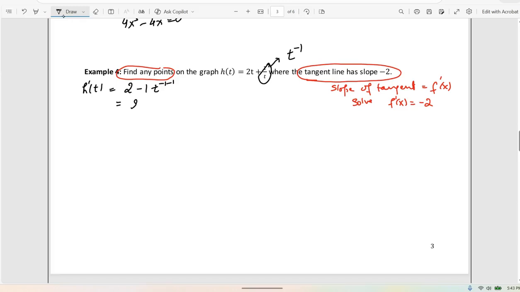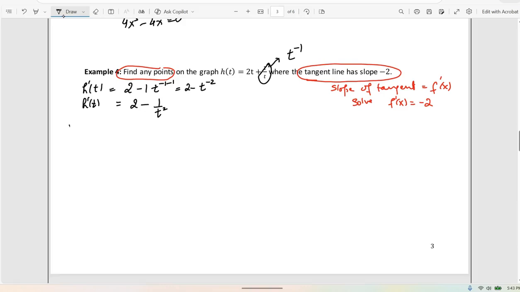So basically 2 minus t to the power -2, 2 minus 1 by t square. We don't really need to write 1 here because 1 is just a constant multiplier. So h prime t is equal to this function.